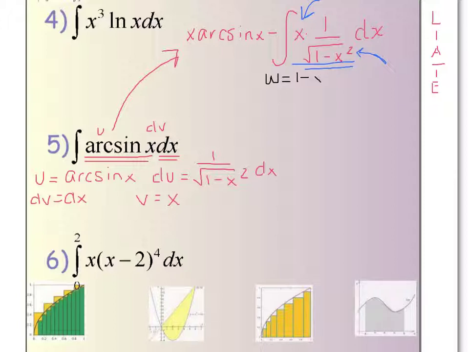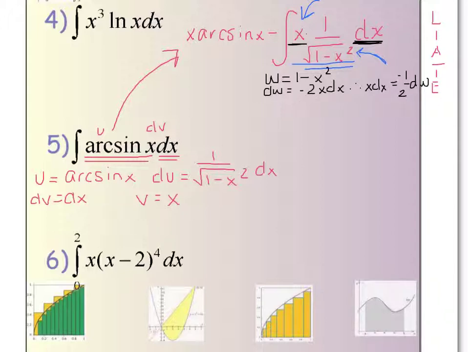If we let w equal 1 minus x squared, dw will equal negative 2x dx. Therefore, x dx is equal to negative 1/2 dw.